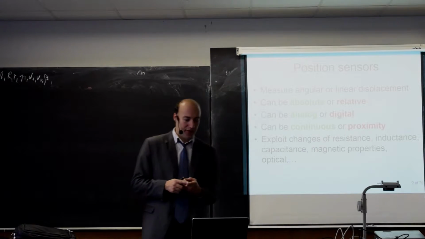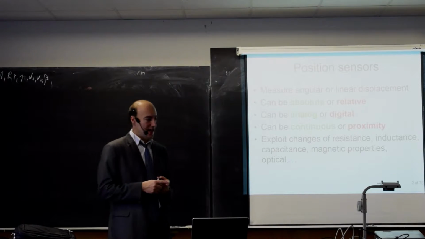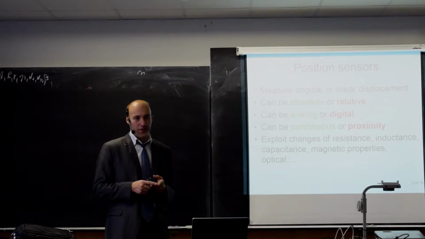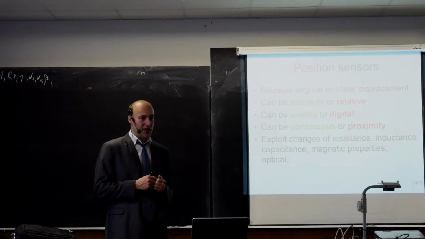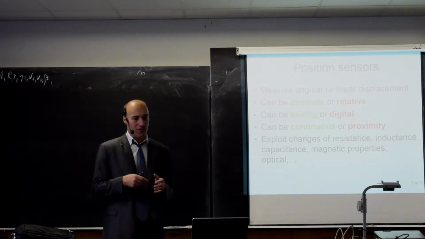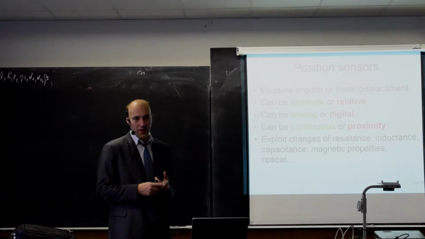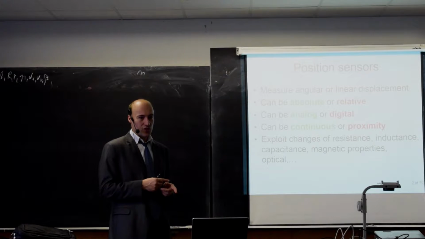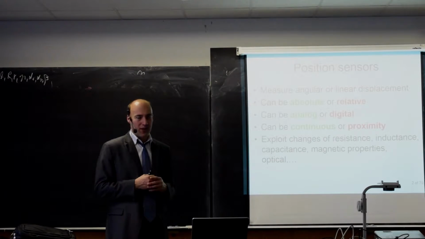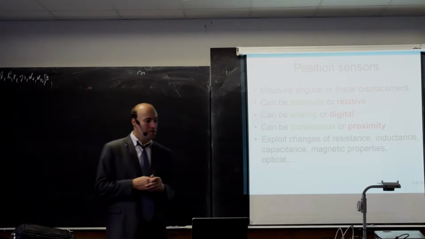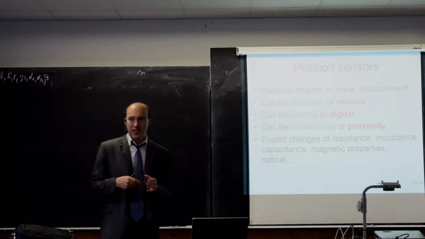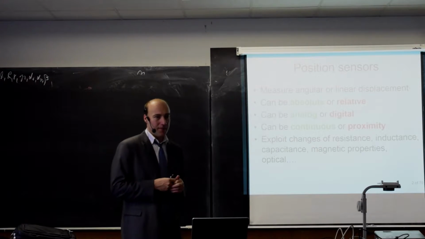Then we can have position sensors, analog or digital. The difference is in the function, how the sensor is working. Some sensors will be analog in nature, so it means they can give you a virtually unlimited number of positions.